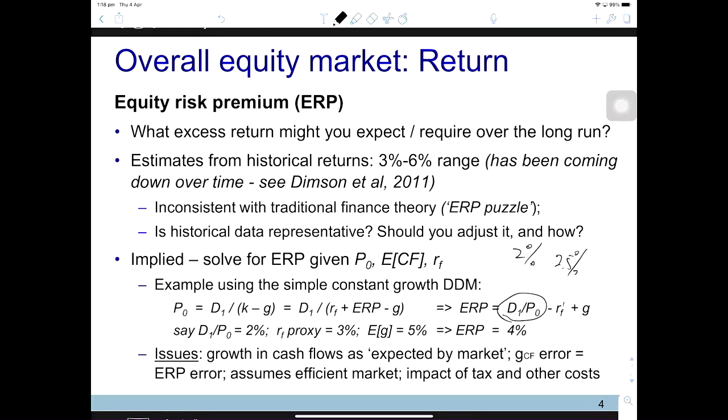We talked about this in week 4. What's the constant growth rate? So we're estimating a nominal growth rate. We can decompose that into real interest rate, real growth rate, and inflation. The expectation of inflation in the US market is about 3%.